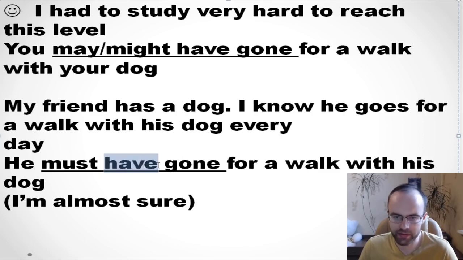So must have gone, may have gone, might have gone. It doesn't matter what we have here. It has another meaning. So I'm almost sure that he must have gone for a walk with his dog.